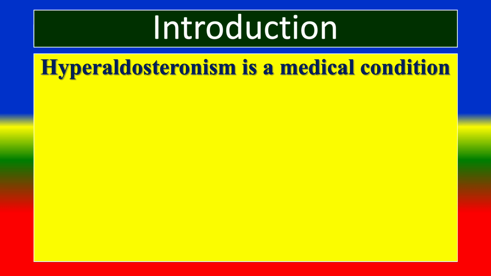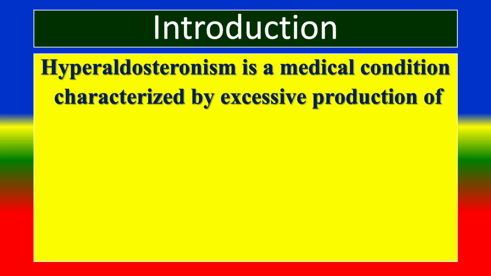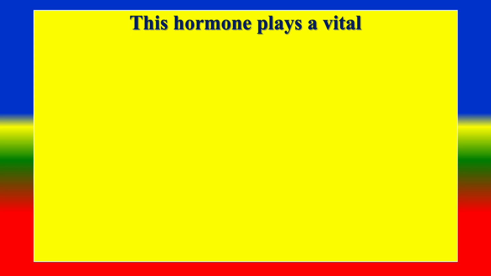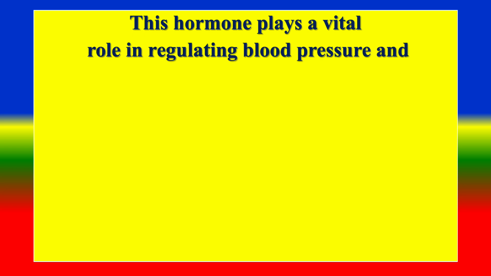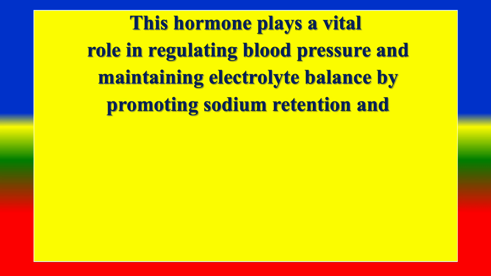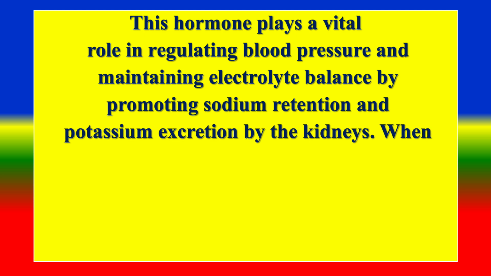Hyperaldosteronism is a medical condition characterized by excessive production of aldosterone, a hormone secreted by the adrenal glands. This hormone plays a vital role in regulating blood pressure and maintaining electrolyte balance by promoting sodium retention and potassium excretion by the kidneys.